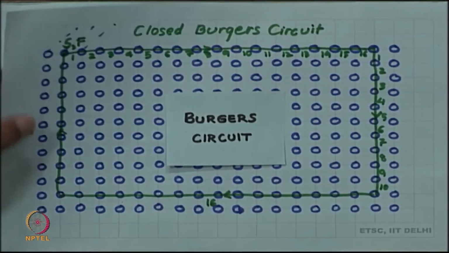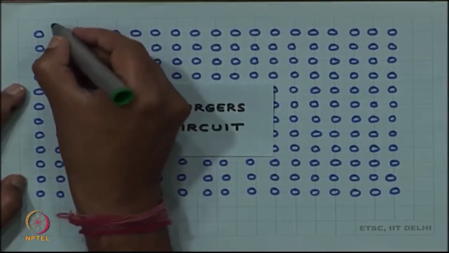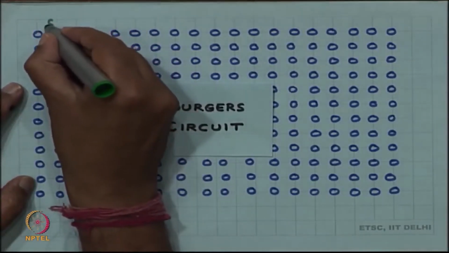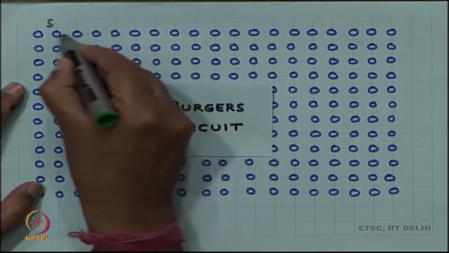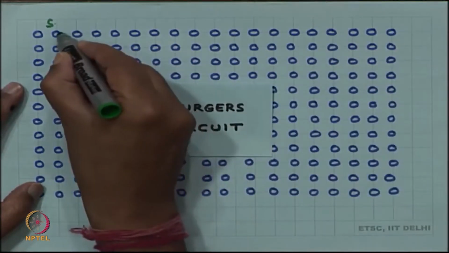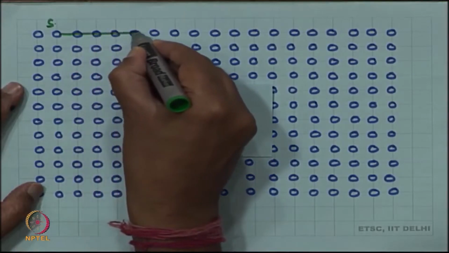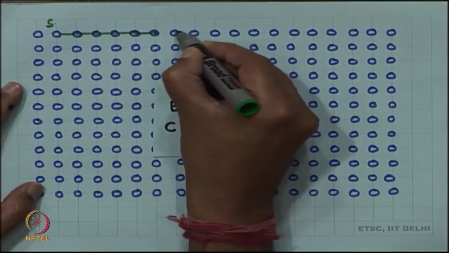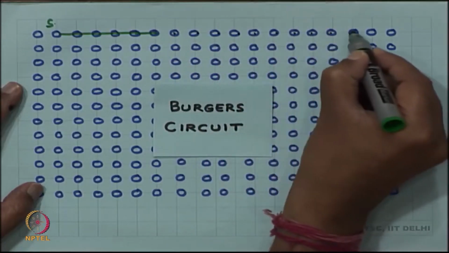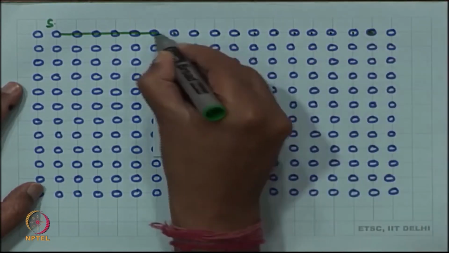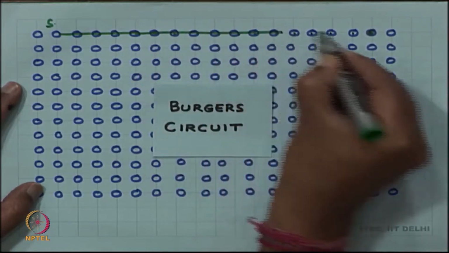Now, I do this exercise again, rather boringly, on this other crystal. I again have a start point. I go 16 steps to the right.